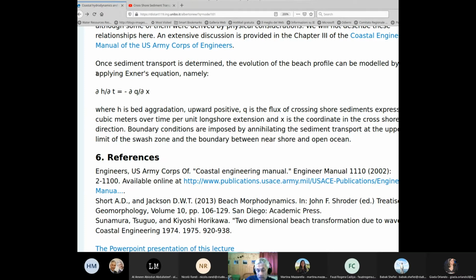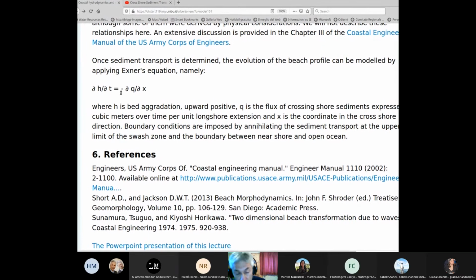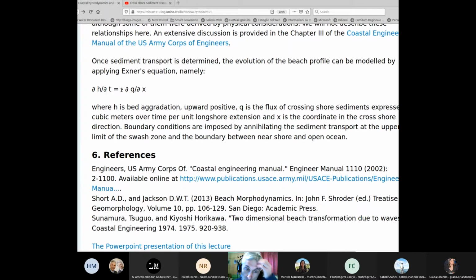It is used when I want to model the change in the geometry of a given system, in this case a beach, as a consequence of a flux of sediment, and in particular changes along space of this flux of sediment. This is what I wanted you to know, because this equation is very well known.